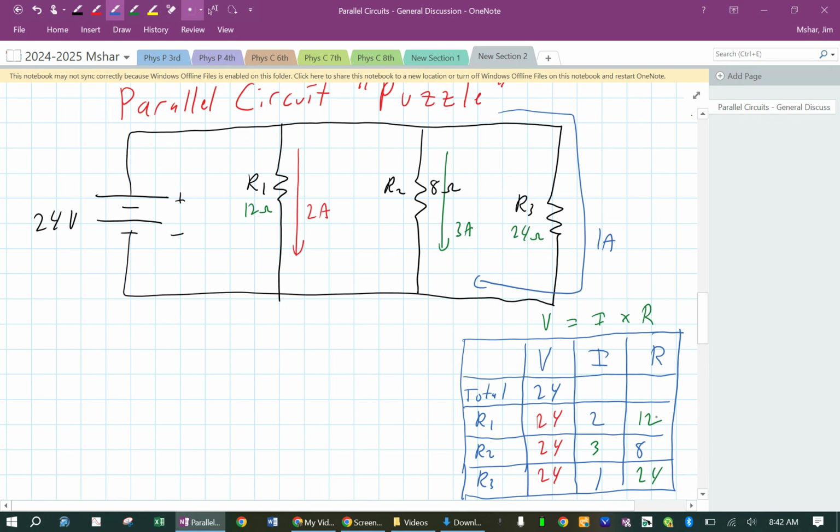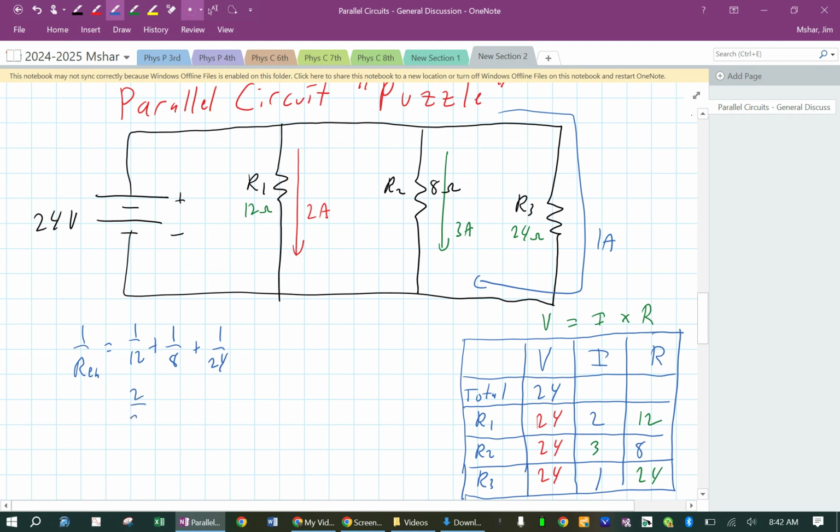Okay. One way is I can get the resistance first if I want by looking at these three resistors and doing the 1 over thing. So I can do 1 over Req equals 1 over 12 plus 1 over 8 plus 1 over 24. And so I could add all those up. Let's see if I can do that real quick.